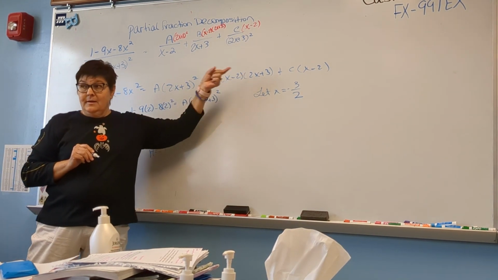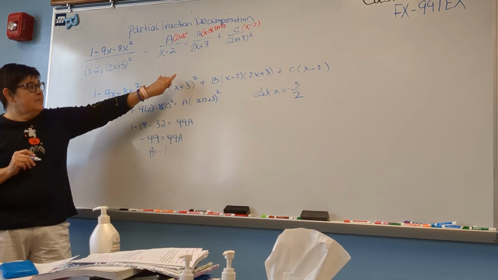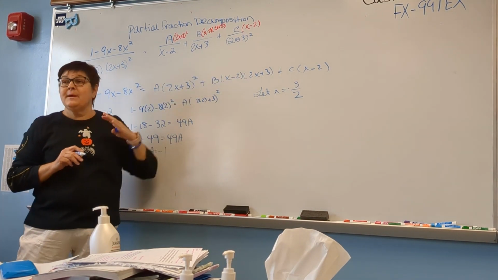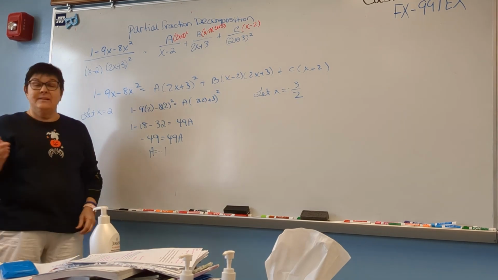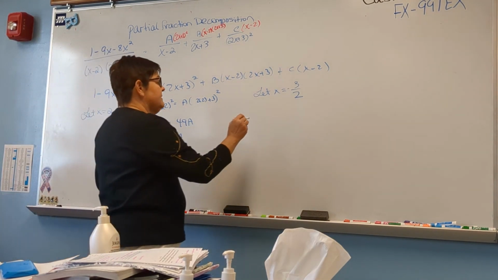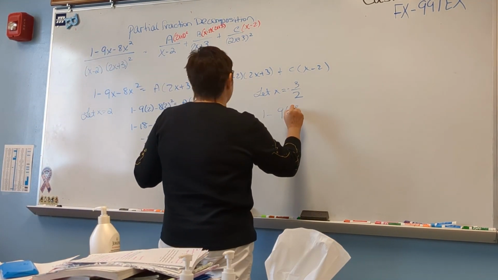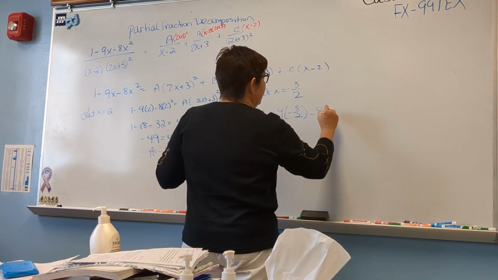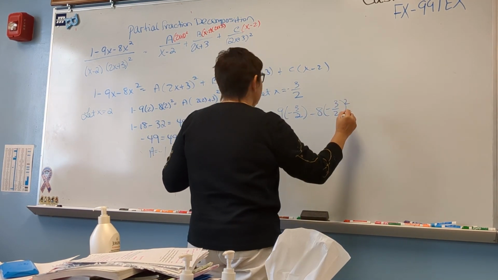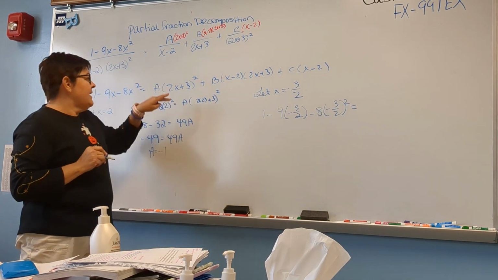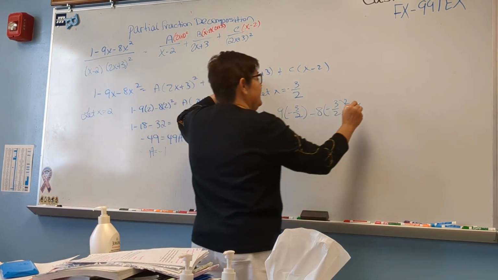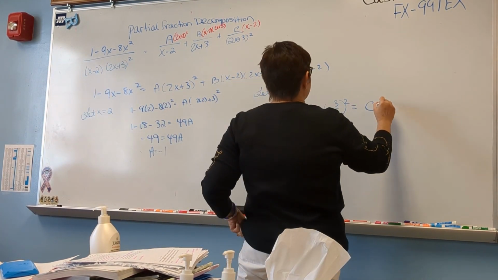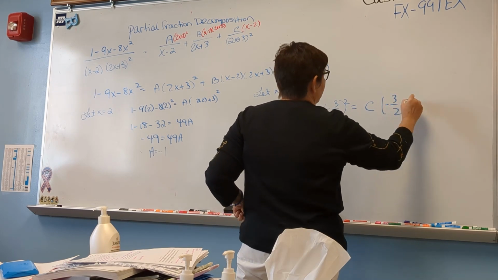So this zeros out, this zeros out, what am I obviously going to find? C. So 1 minus 9 times negative 3 halves minus 8 times negative 3 halves squared is equal to C times (negative 3 halves minus 2).